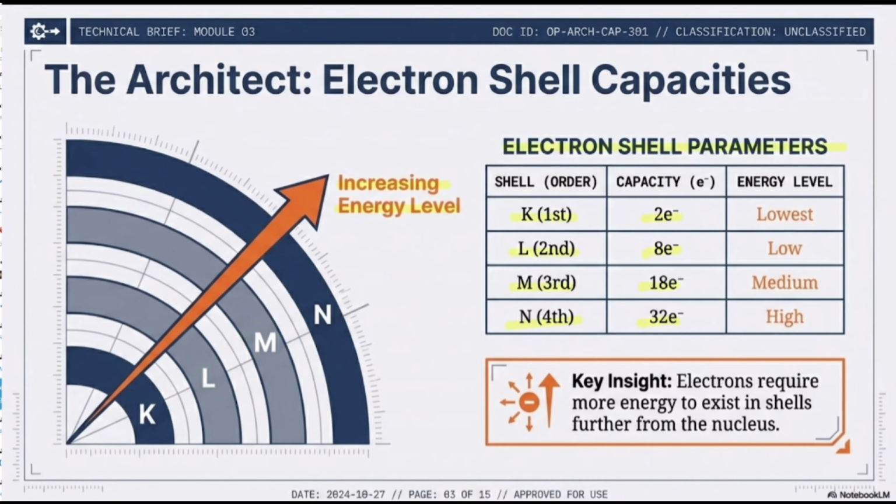What does that mean? If I have an electron at the furthest layer, I need more energy to keep it in my orbit. If I have one over here, I need less energy to keep it in my orbit.